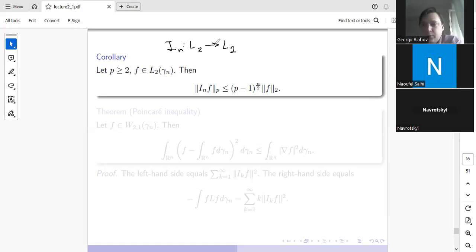This is not as surprising because the value of this projection will always be a polynomial. However, the norm of the projection in L^p can be estimated by the norm in L2, and the estimation is as follows.